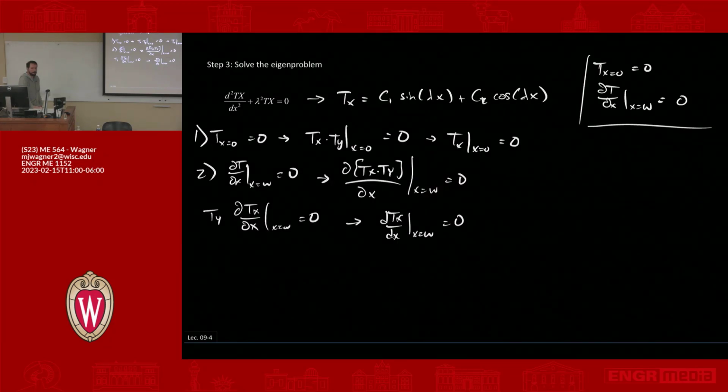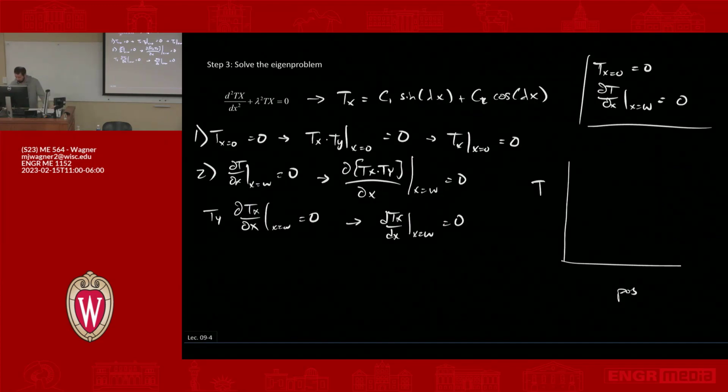Is the actual temperature the product of T_x and T_y? Our model says it is. So let me just sketch something here. Let's say I have some normalized temperature and some normalized position, so x from 0 to 1 and y from 0 to 1.